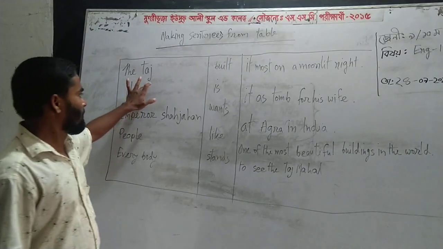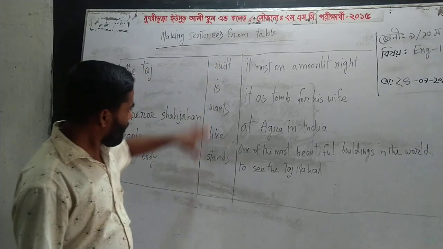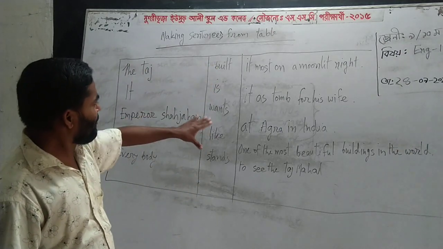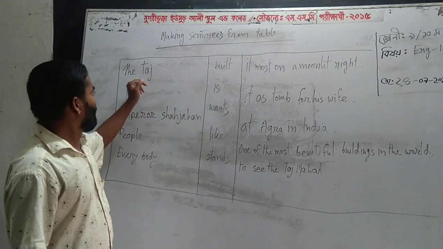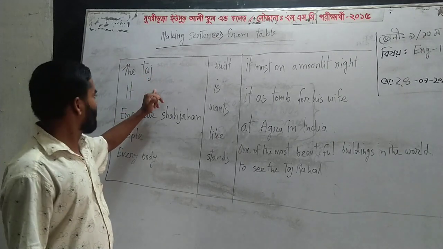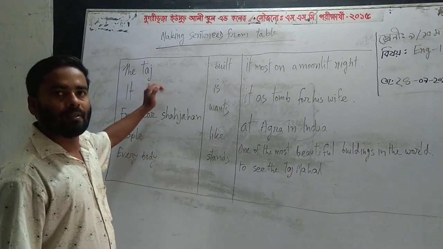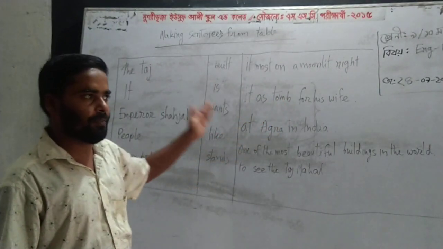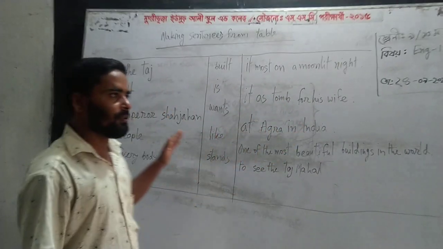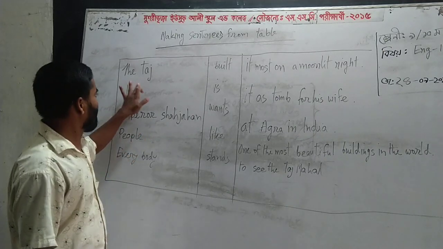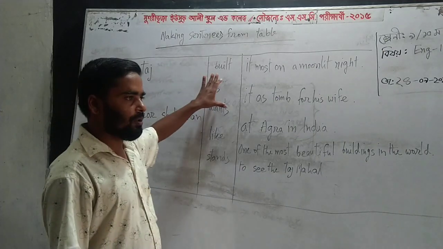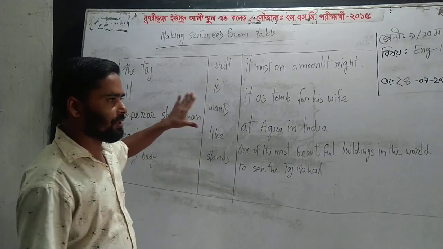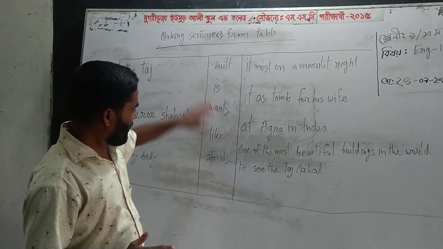The Taj. So what verbs do you need to write down for this subject? Subject plus verb plus object. This is the rule. So here is the subject. Now what verbs do you need from these verbs?